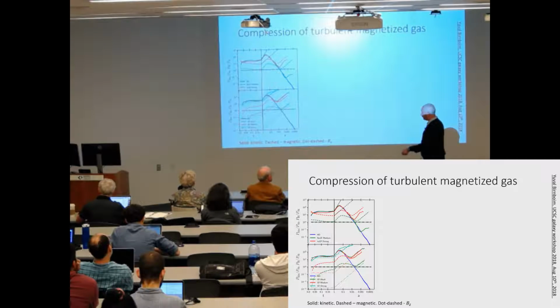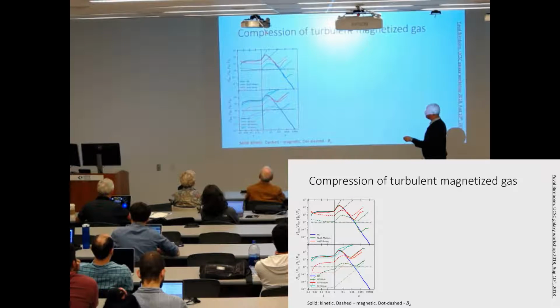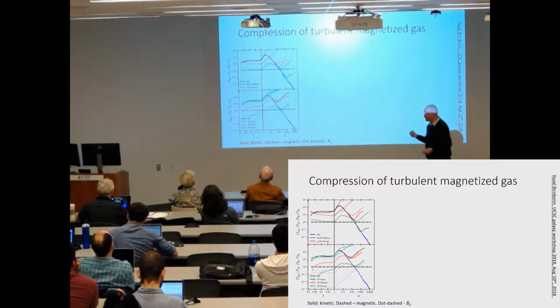So what's going on? Another hint of that is in these plots over here. The x-axis is like before, time and then compression. And the y-axis is the ratio between the kinetic pressure and the thermal pressure in the solid lines, or the magnetic pressure to the thermal pressure in the dashed lines. And we can see that they both go up initially.